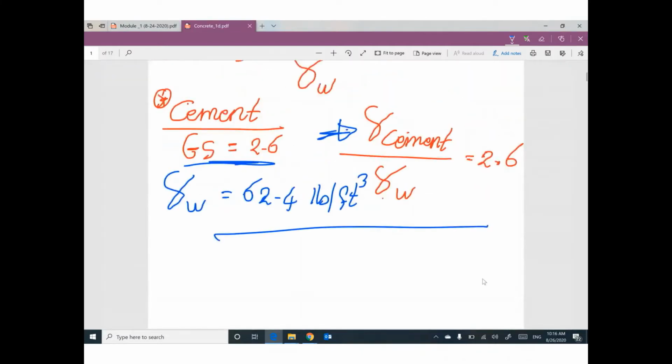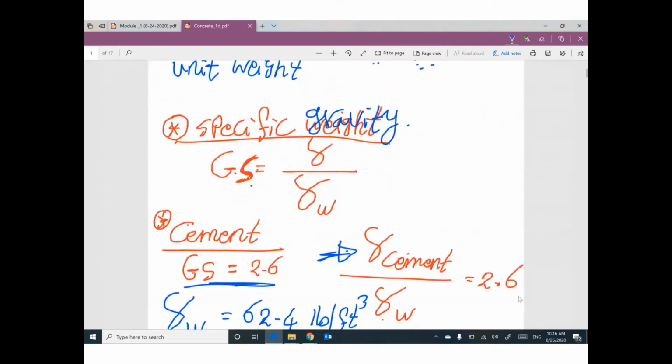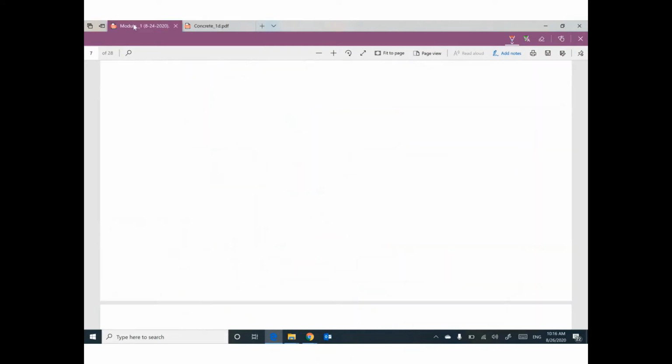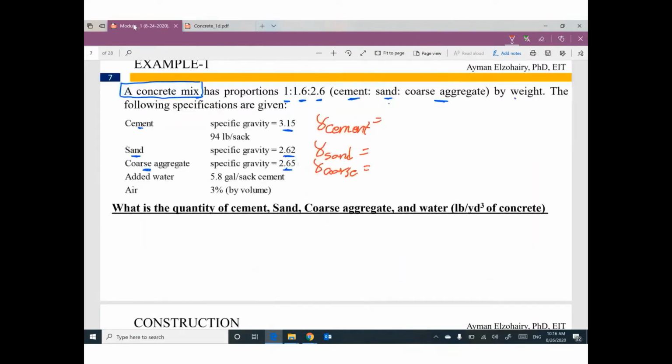Specific gravity equals gamma divided by gamma water. So if you know specific gravity and you know gamma water, multiply both of them together, I can figure out the gamma of this material. So if I bring my calculator and multiply 3.15 times 62.4, it equals 196.56 pounds per cubic foot.